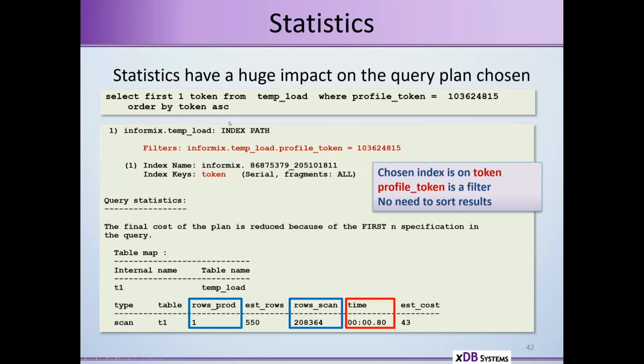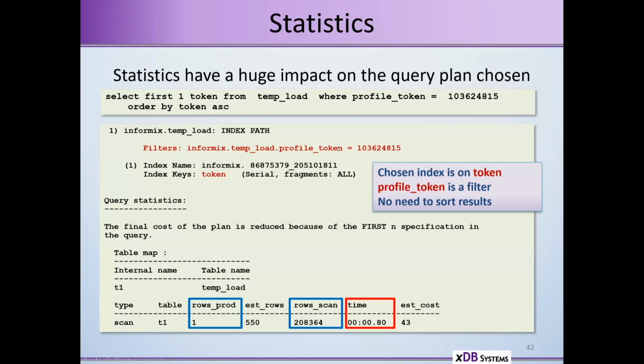I look at the query plan, and I was surprised to see that the literal value, on this profile token, was being applied as a filter. And remember, that's applied after we've read the row from an index. An index is being used, but it's on token. So I would have thought, why aren't we going in using the index on profile token? It'd be nice and snappy.